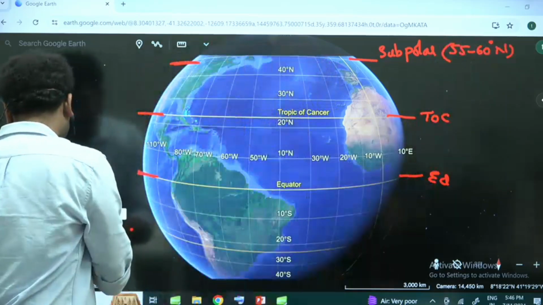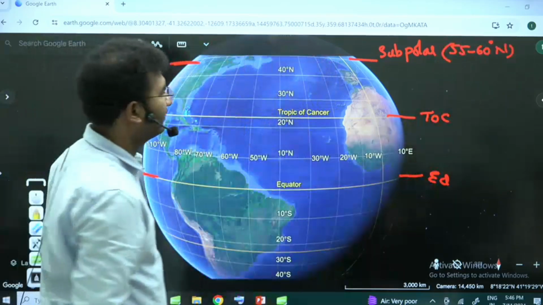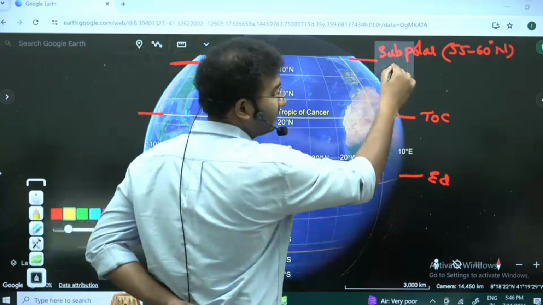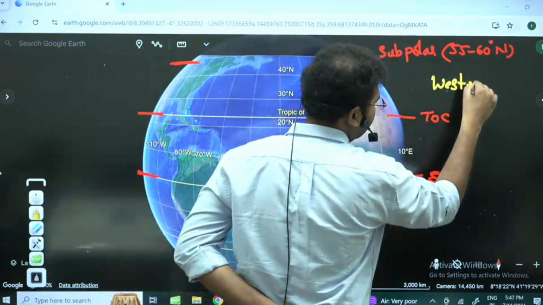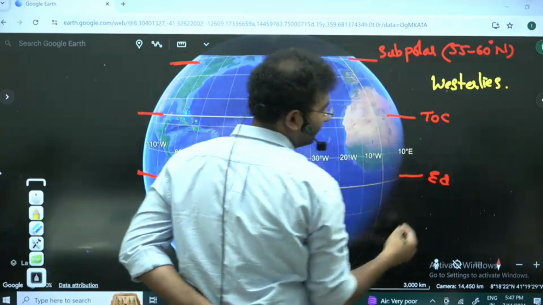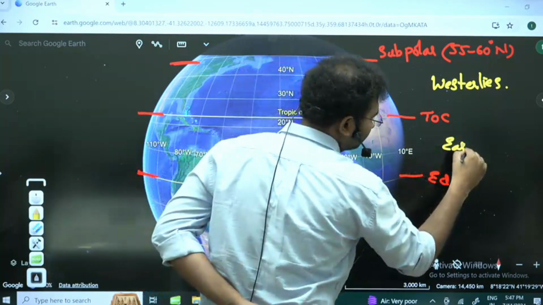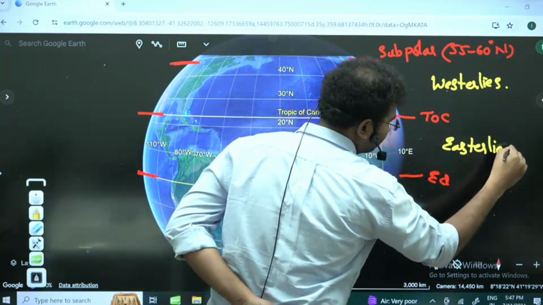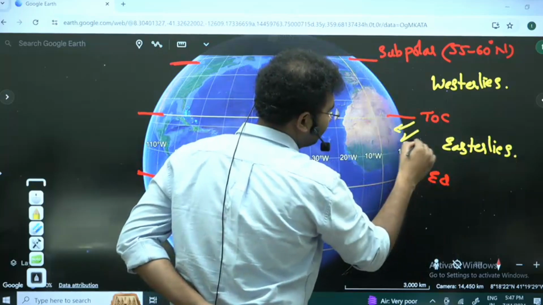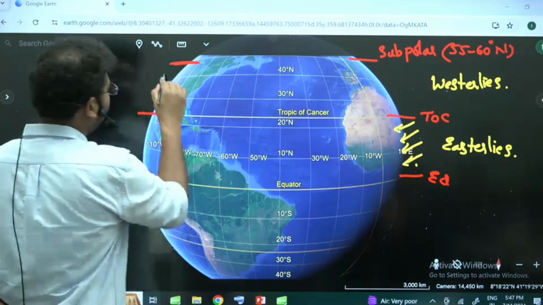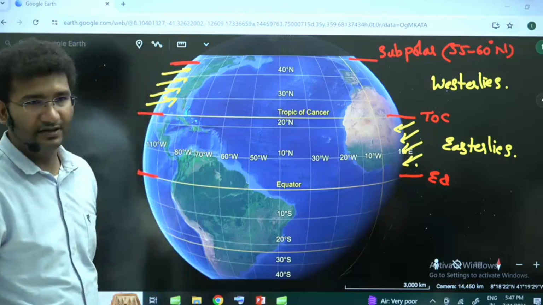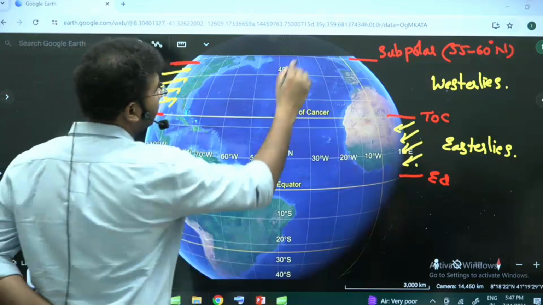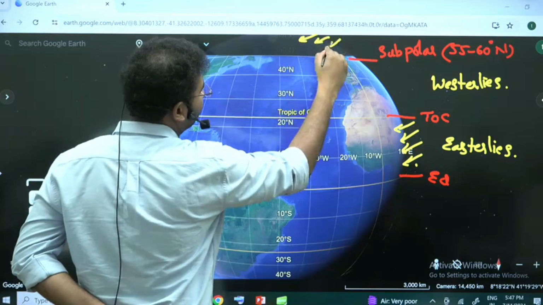First tell me, what are the wind directions here? Is this easterlies or westerlies? That means this is the direction of the wind. And can I say that this is the direction of the wind? Right? And here, this is the direction of the wind.